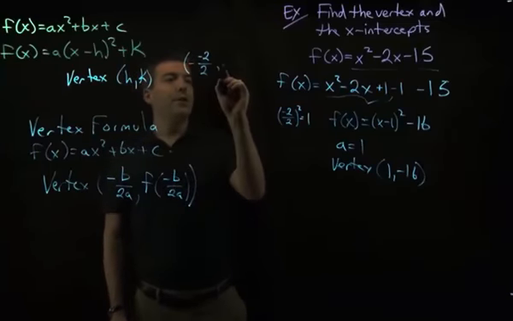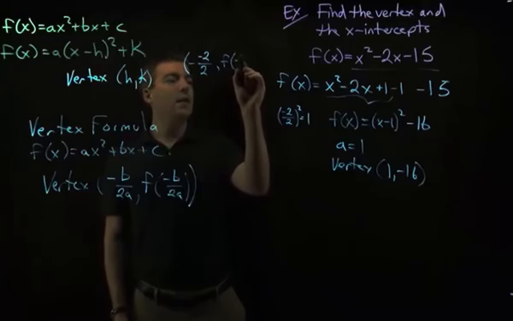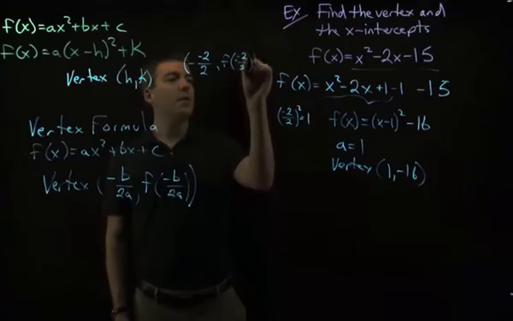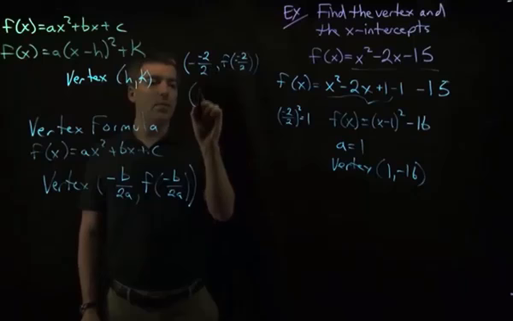And then we want the function evaluated at this, negative 2 over 2. All right, well, negative 2 over 2 is just 1.